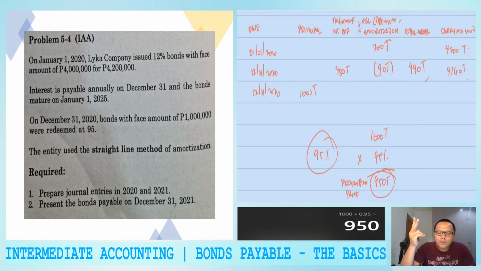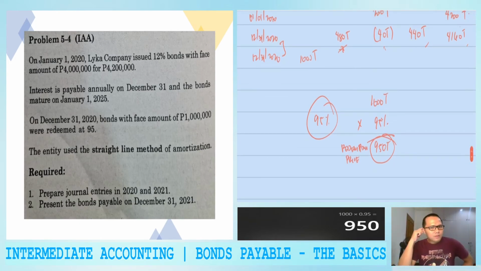And then number two, we need to compute for the gain or loss on redemption or retirement. Number three, we need to know if there are any accrued interest, which in this case, wala. Kasi same date yung payment. Di ba? So, nagbayad tayo ng 400. So, walang, kumbaga, accrued interest.